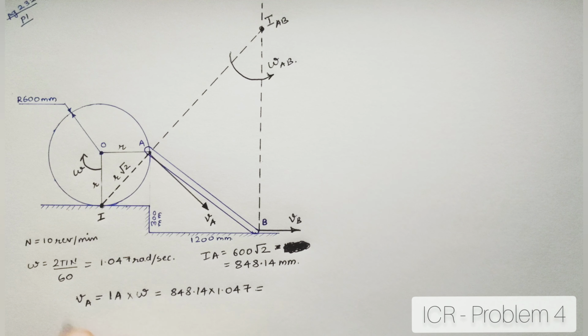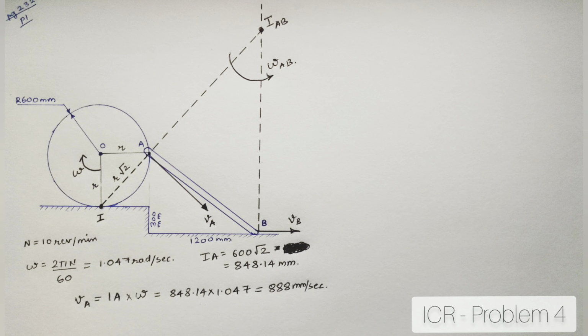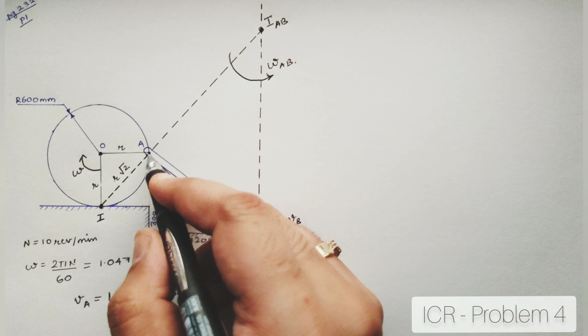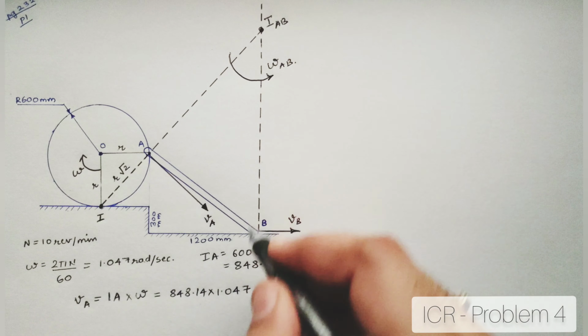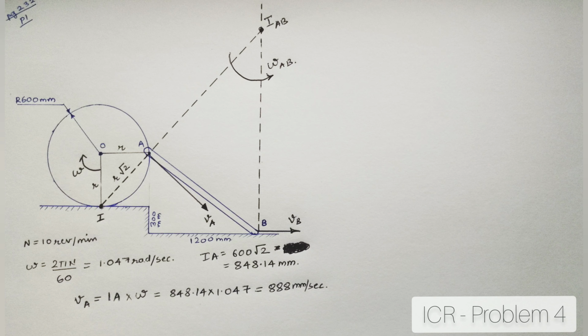So this gives us VA equal to 888 millimeters per second. Now VA is also known. My next job is to find IAB to A, this distance, and IAB to B, this distance. Once I get that, I will be able to find omega AB and VB.